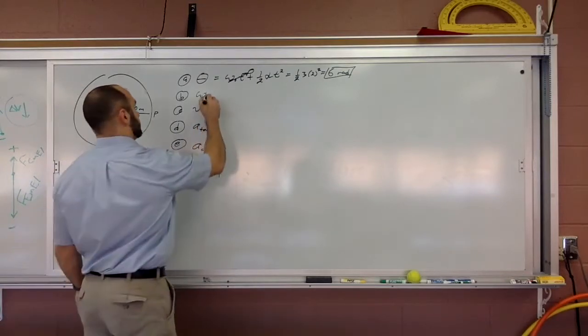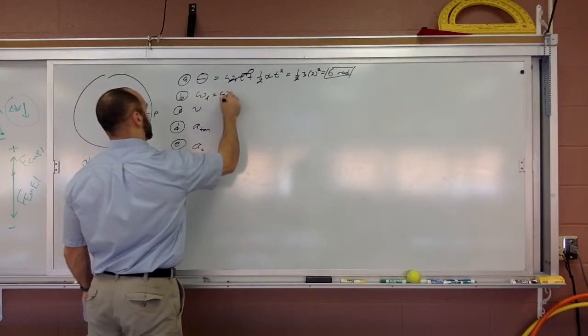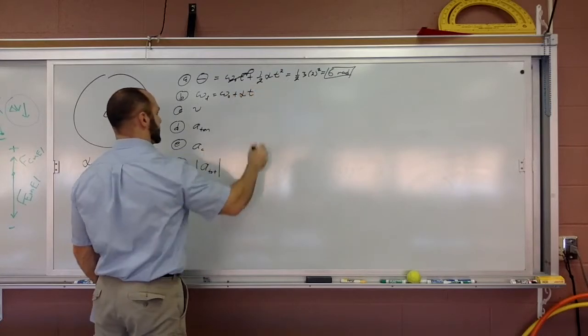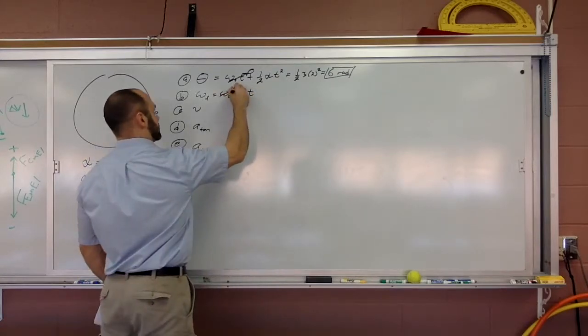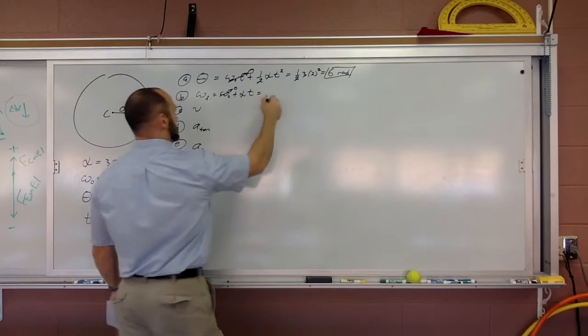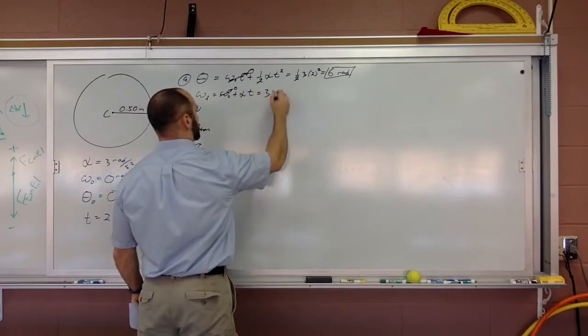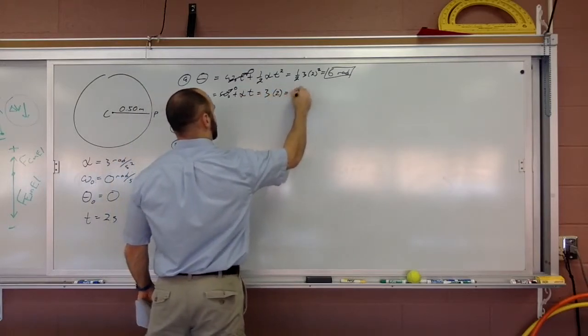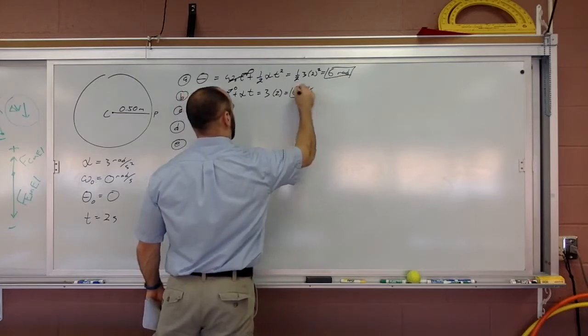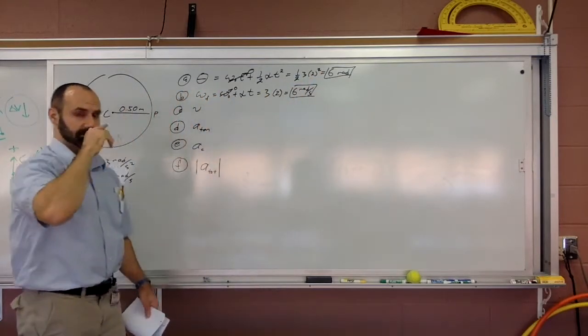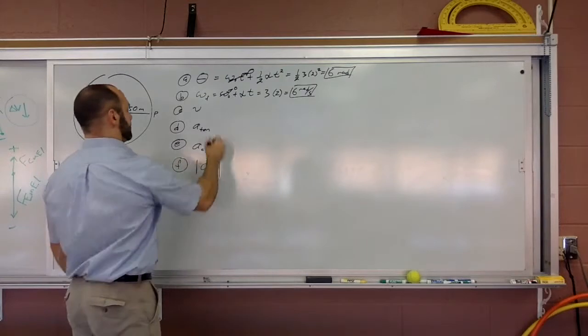So this would be omega f equals omega naught plus alpha t. This is 0, goes away. Alpha is 3 radians per second squared times t, which is 2 seconds, 6 radians per second. Okay, this is a coincidence. They're not always going to be the same. It's just a coincidence this time that happened.